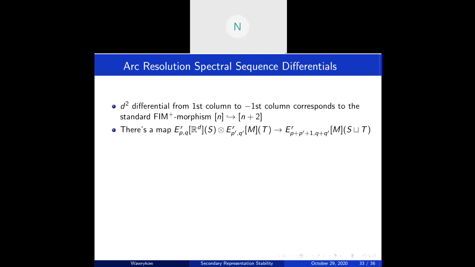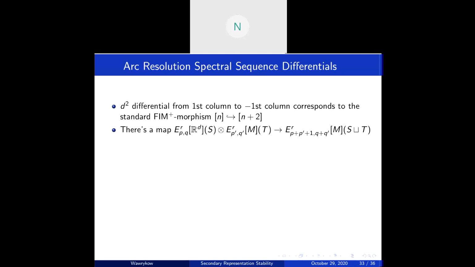Moreover, there's a nice way of including a bunch of points. And so we have this arc resolution spectral sequence. We can also consider it on just R^n, or R^d in this case, where d is the dimension of n. And there's a way of taking a product of 2 of these spectral sequences, and that'll map us. So if we take the product of the spectral sequence in R^d and R^m, we can map this into R^M.